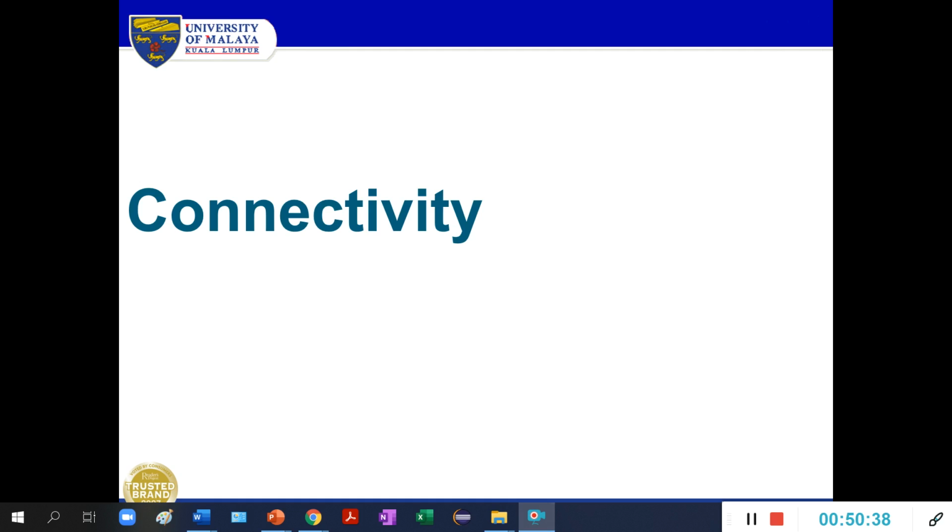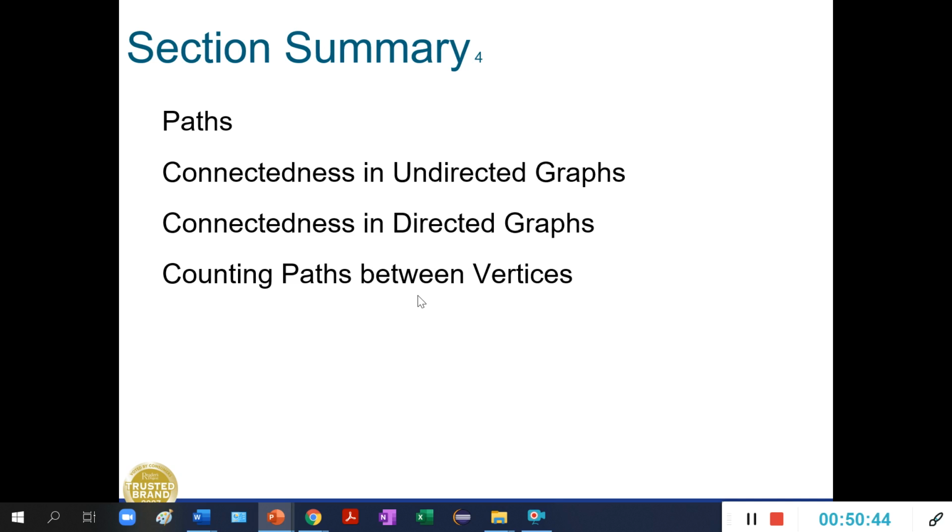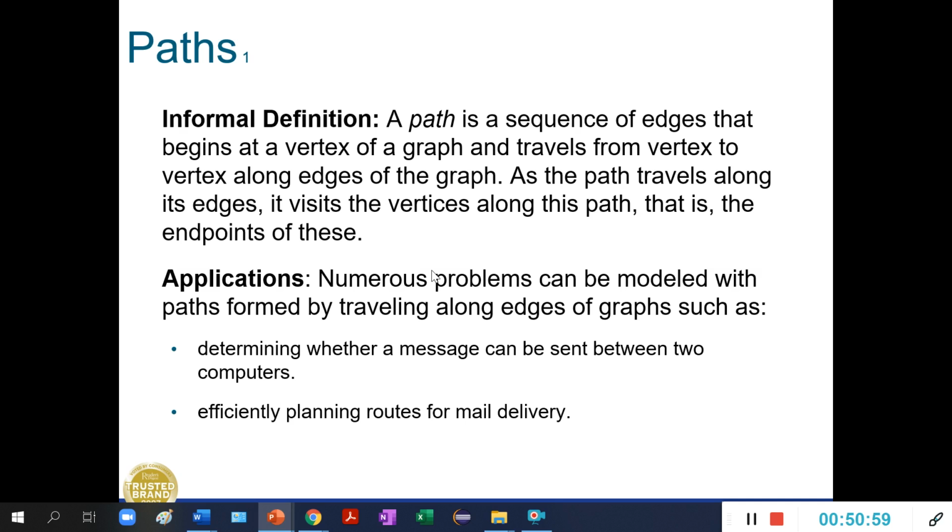So this is the second part, connectivity in the graph. You have a path, connectedness in undirected graphs, connectedness in directed graphs, and counting paths between vertices.